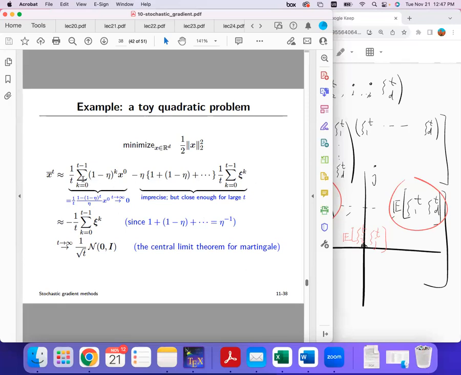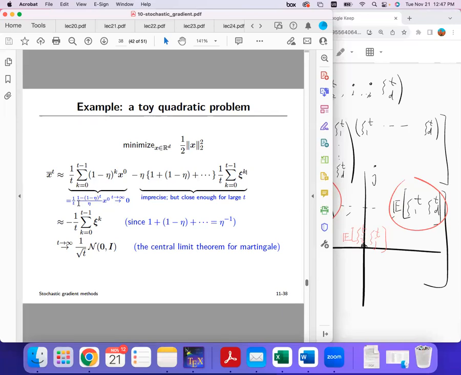Moreover, the first term is a summation of a geometric series, so we can calculate this exactly, and it equals this one. As t goes to infinity, this converges to 0, and this 1 over t goes to 0.